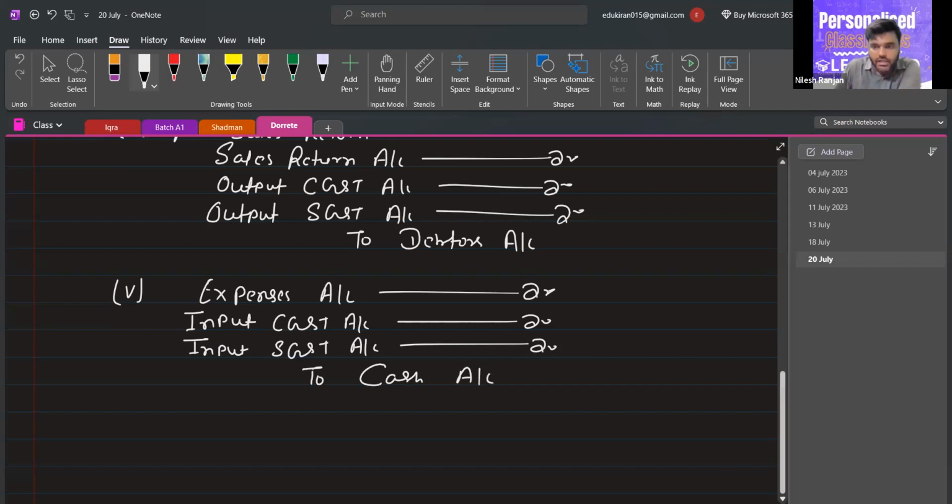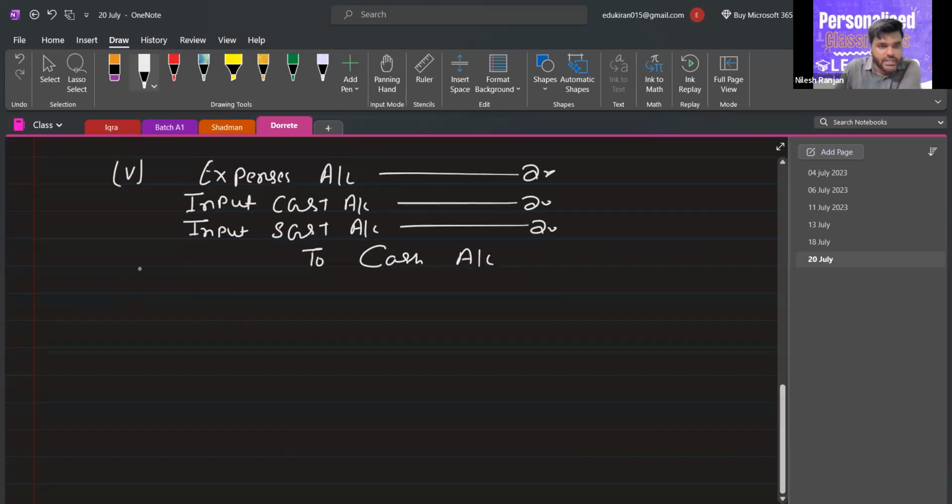Same with income. That was for payment of expenses.